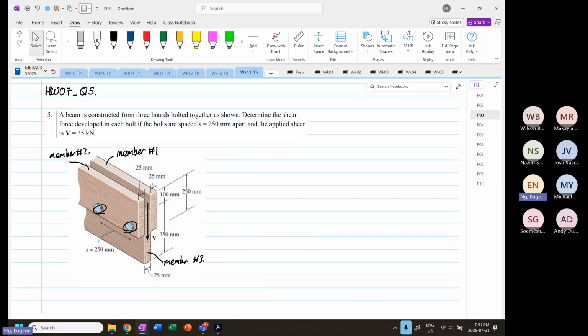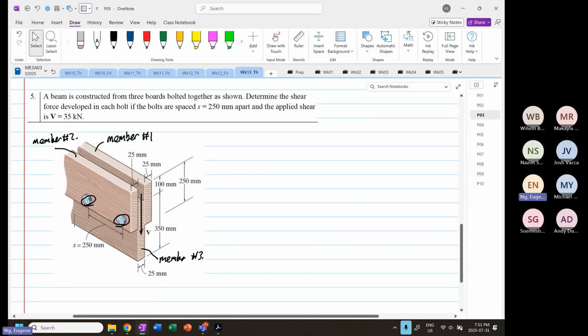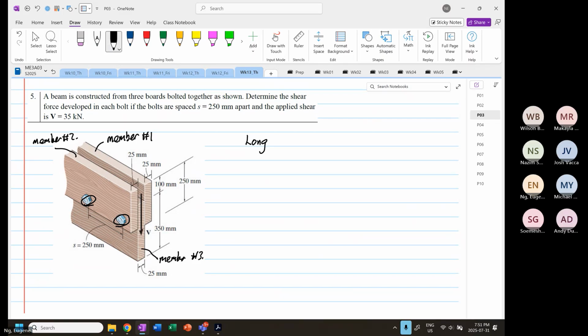So what we want to find down here, okay, or before I go on, there are two very important rules for longitudinal shear. Okay.